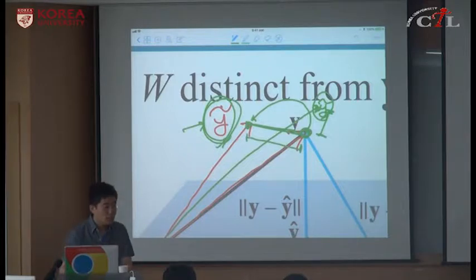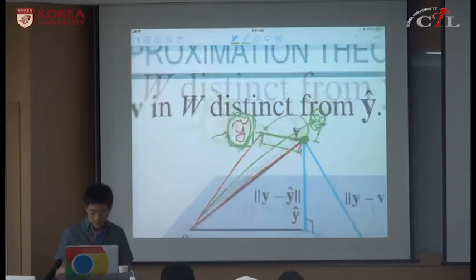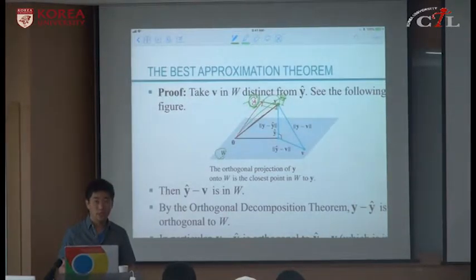Now we want to add one more constraint: our approximation, like this y tilde, should always belong to our subspace W. So we don't want to approximate this y vector by any other vector somewhere in this space, but we want to constrain this y tilde, our approximation of y, so that it belongs to our subspace W. We can only pick this y tilde from our subspace W.